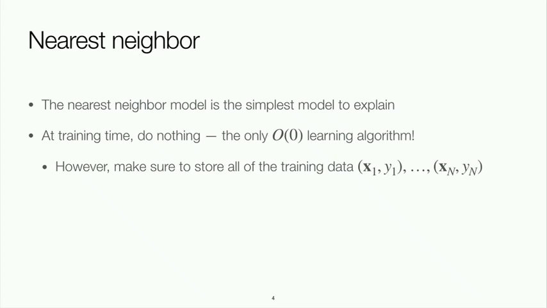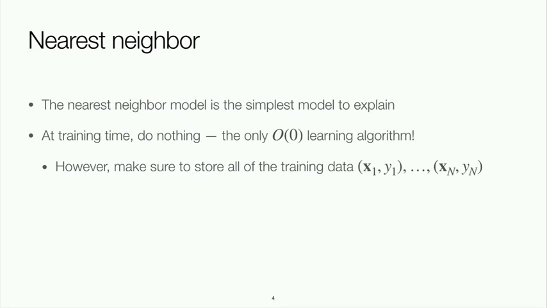We're still assuming, of course, that we're given a training set, x_i, y_i for i equals 1 through n. So we're given n of these training points, and all we're going to do at training time is just store them. Well, we assume that we already had them, so we're just going to keep them. So at least in the most naive version of nearest neighbor, there's nothing else that we have to do. Just store all of our training data.